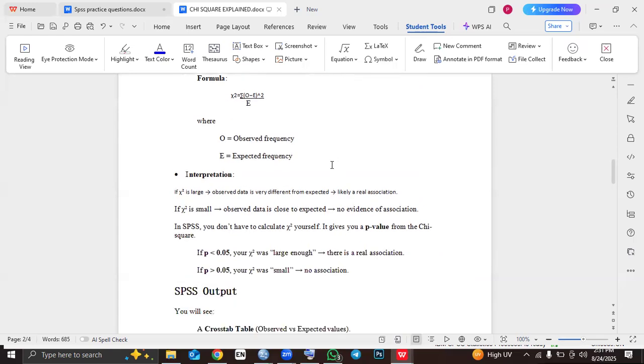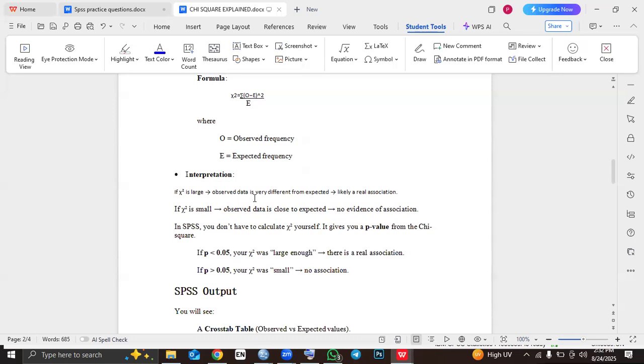Now, assuming you have run an analysis and you have gotten a chi-square value. If the chi-square value is large, then it means that the observed data is different from the expected. So if the observed data is different from the expected, then there's likely a real association between our variables.